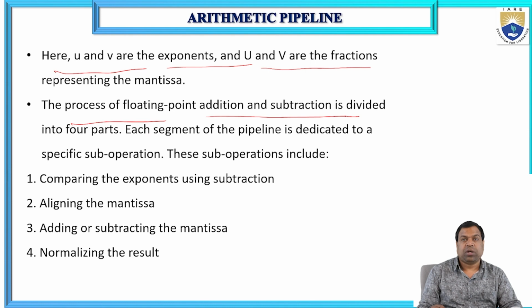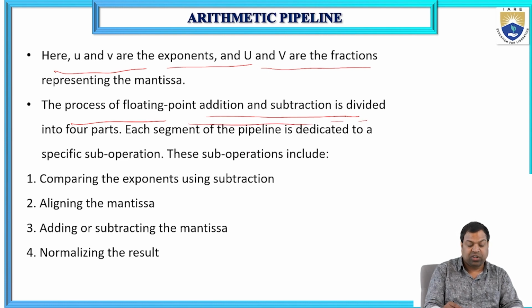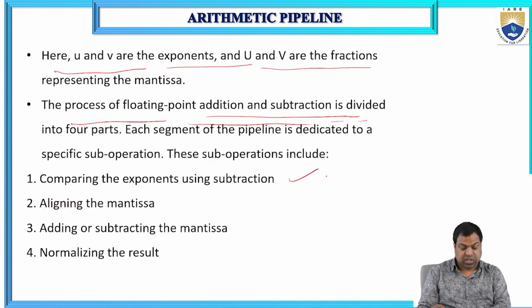Each segment of the pipeline is dedicated to a specific sub operation. So this process of floating point addition and subtraction is divided into four parts. So we have to take the four sub operations or four segments. So what are the each one we will discuss. First one, comparing the exponents using subtraction. So compare the exponent.